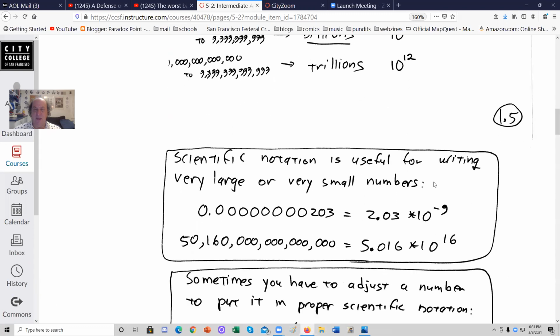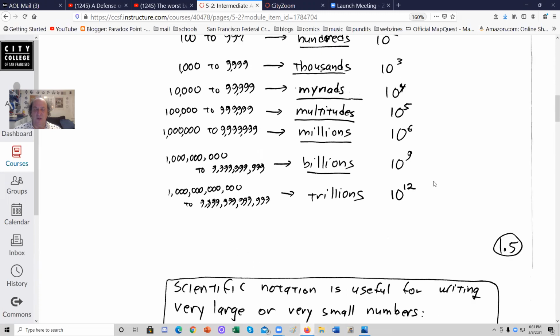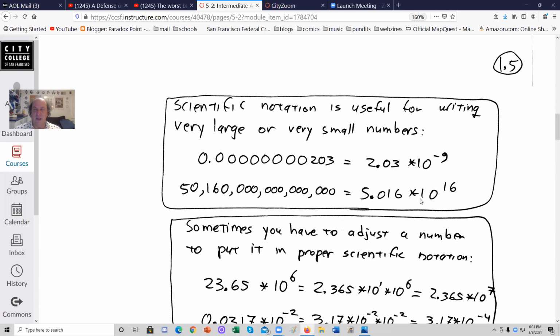All right, now the reason why we use scientific notation like this is that you can use it to write very small or very large numbers. And here's the thing: if you write a number with all these zeros, your hand might get tired. You might smush two of those zeros into each other in your haste to write.